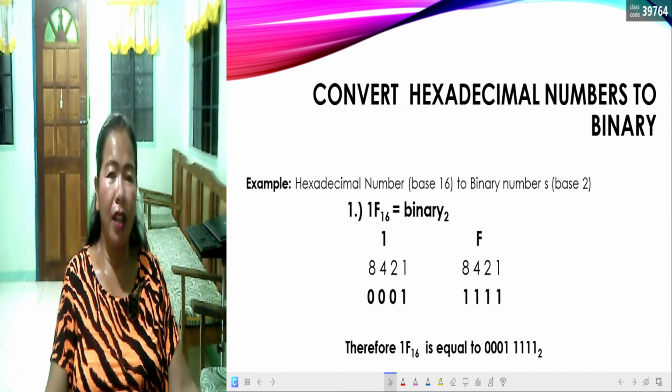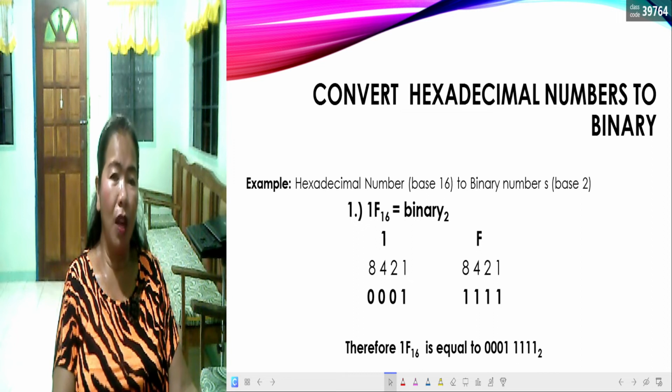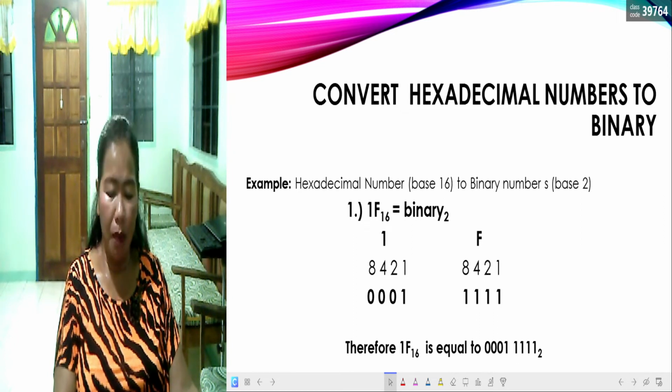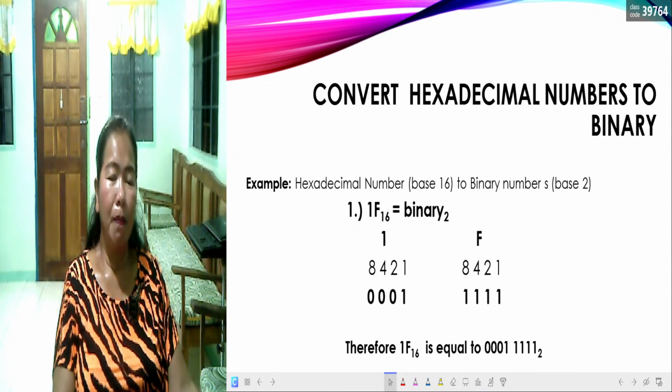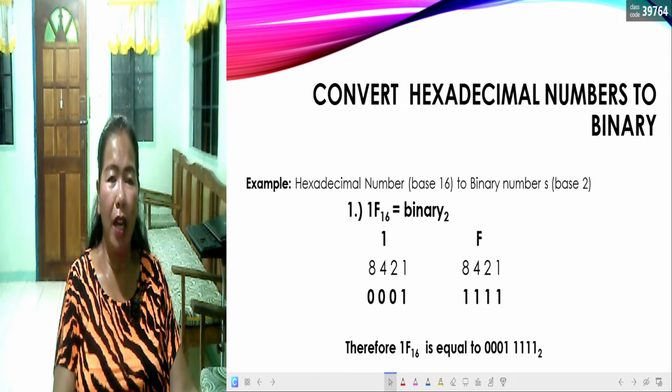So for the second digit, letter F. I'll repeat, this is equal to 15 based on the given equivalence in the previous slide. So since this is 15, if you add 8 plus 4 plus 2 plus 1, and multiply all of them by 1 in each digit, it will result to 15.